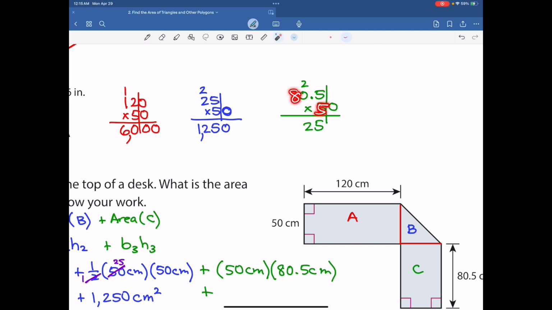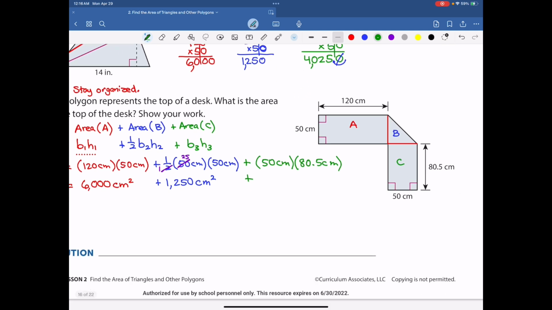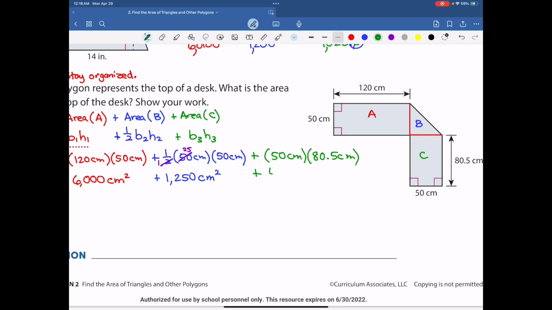And 8 times 5 is 40. Now bring down this hanging zero. And we need to count all the decimal places after all the decimal points. So here's the decimal point. We have 1 place. Same thing in the answer, 1 place. And we have 4,025. So 4,025 centimeters times centimeters equals centimeters squared.